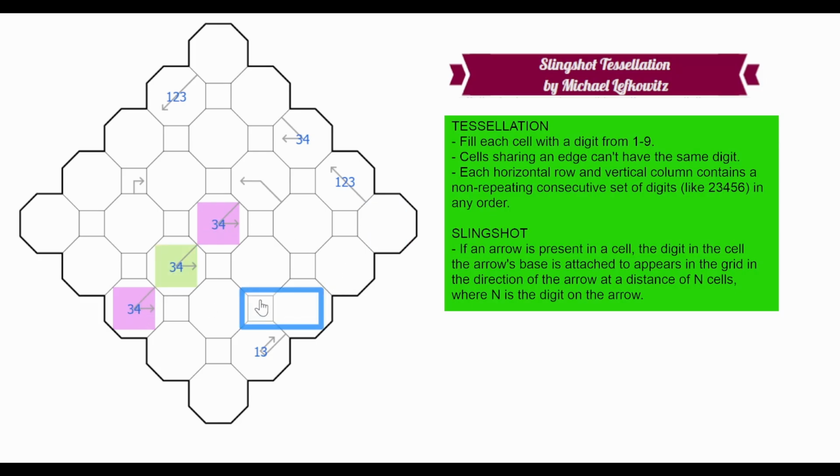Okay, so one of these is green. Okay, so if this is 3, then green has to be 4 and purple's 3. But I think this makes this purple, which is kind of interesting. I think that's fine.